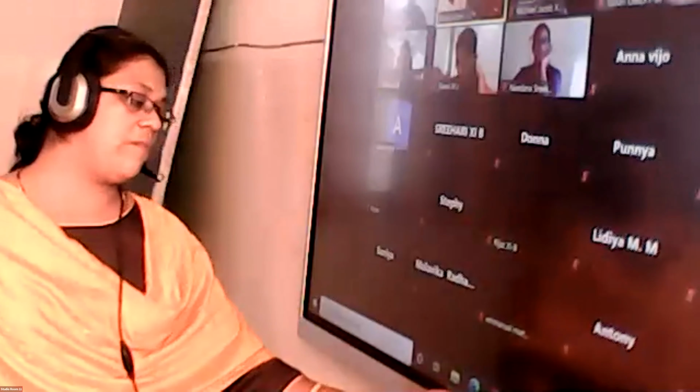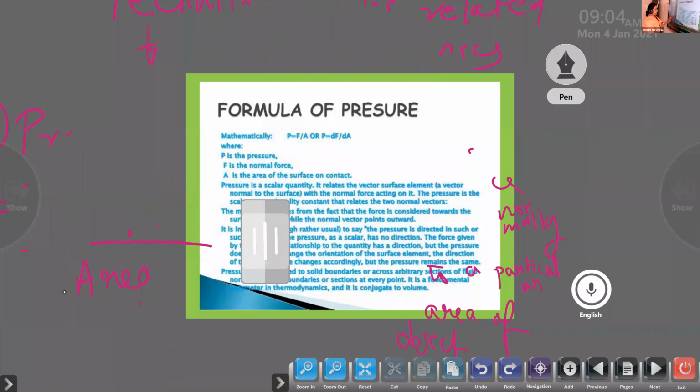On the basis of that, we get the equation, all what we have learned already, so revision: P is equal to F by A. Mathematically, pressure is equal to F by A.